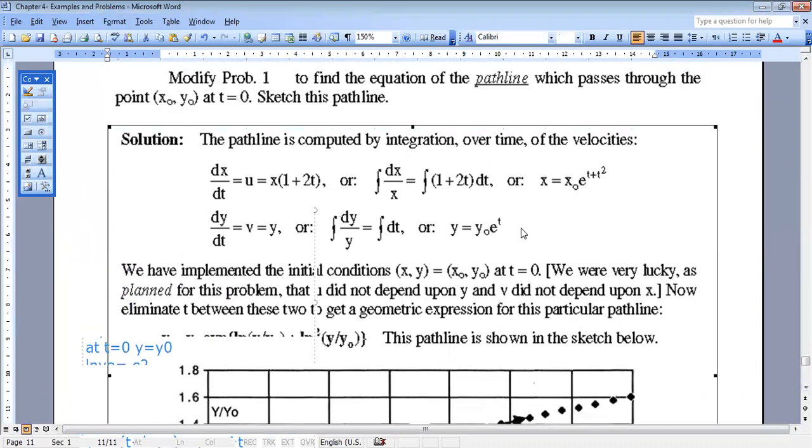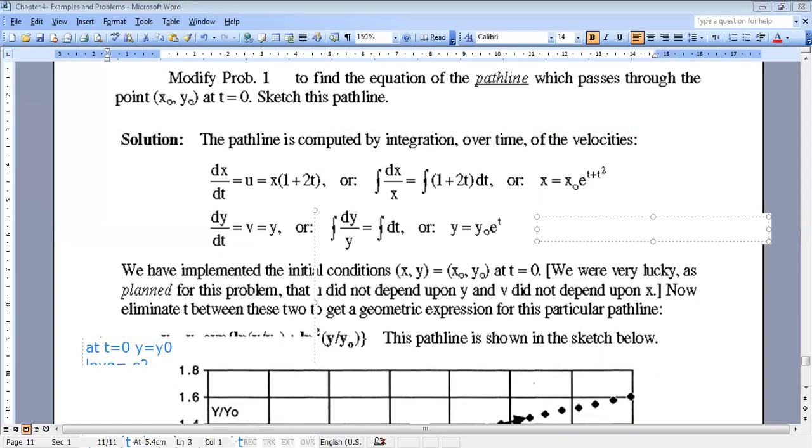I have here that ln of y is equal to ln of y0 plus t.